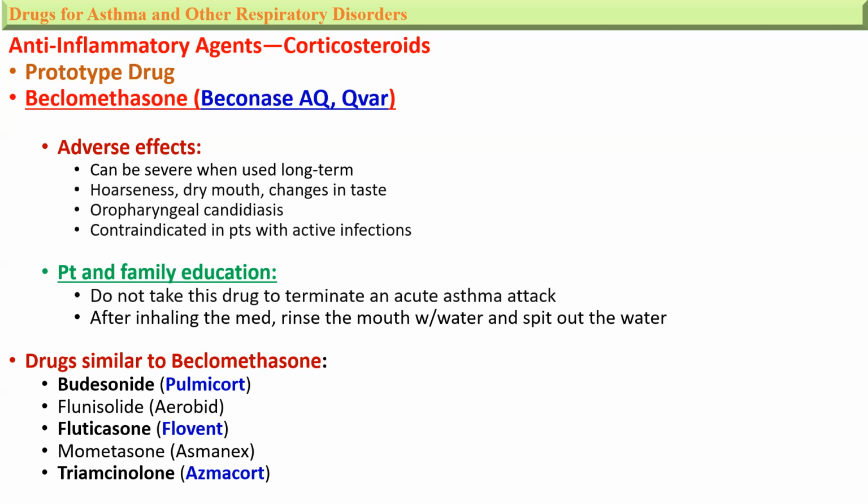The long-term intranasal or inhaled corticosteroid may also cause growth inhibition in children. So the adverse effects can be severe when used long-term.